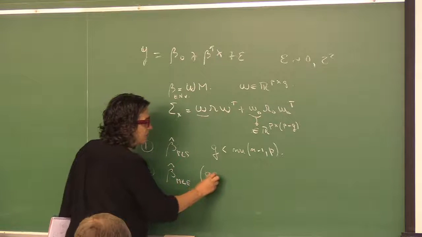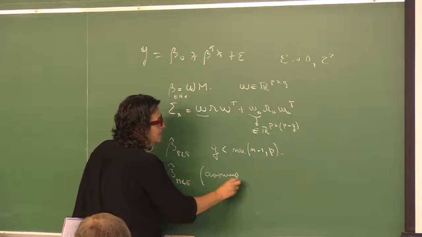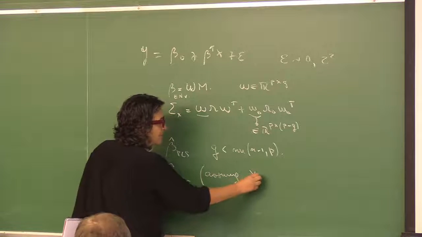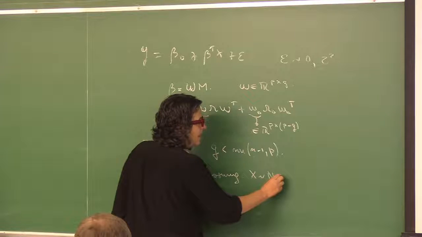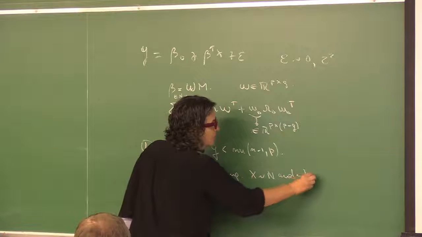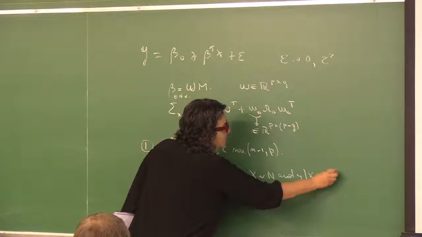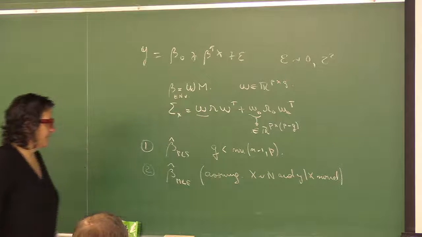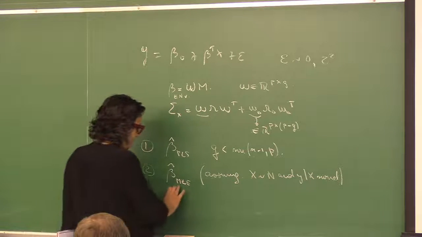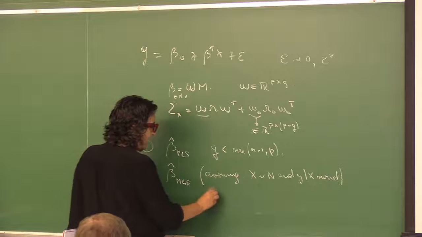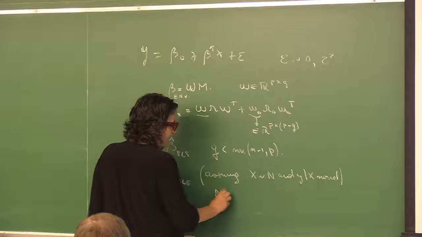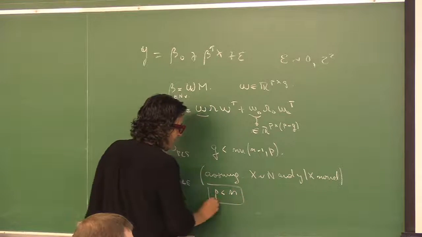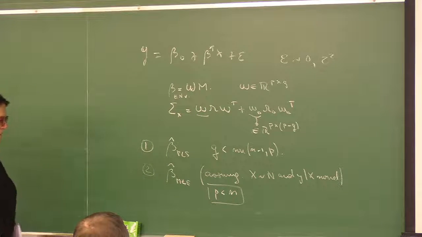This was assuming X normal and Y given X normal. And we can do this one if P is less than N. It's the only way that we can compute this.